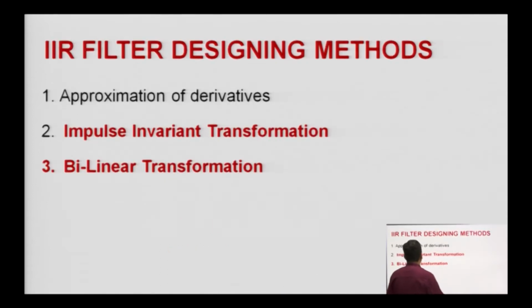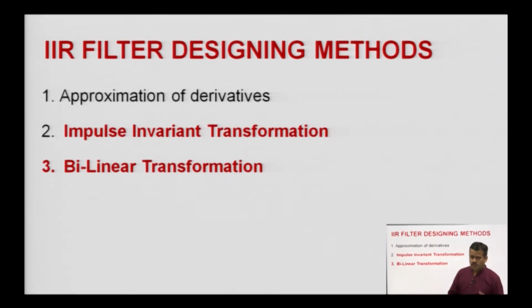These are the designing methods of IIR filter: approximation of derivative method, impulse invariant transformation method, bilinear transformation method, and so on. But these are the main methods. The first method, approximation of derivative, I told in my previous video lecture, lecture number 9 I think, and I explained the approximation of derivative or backward difference method.